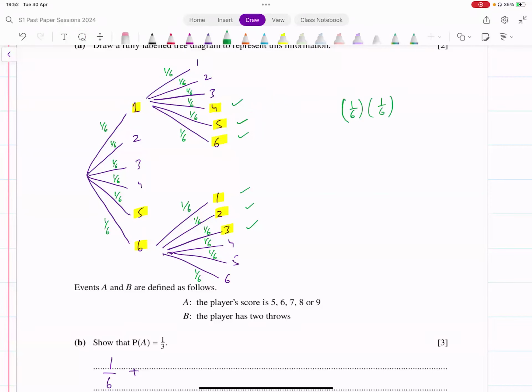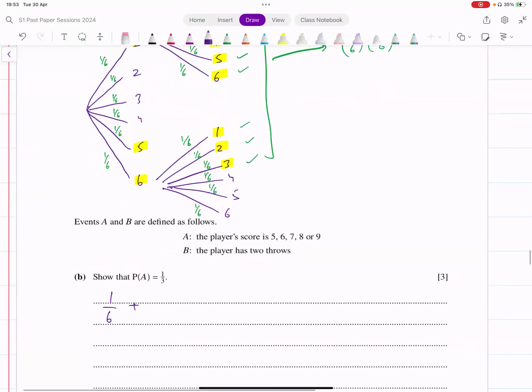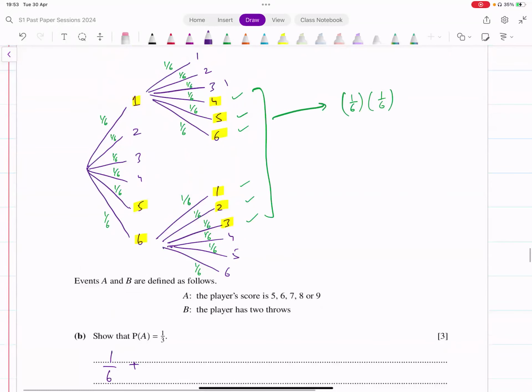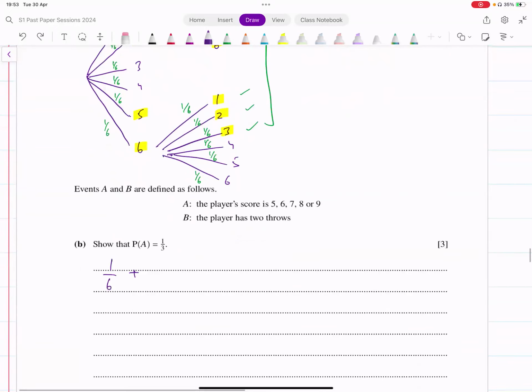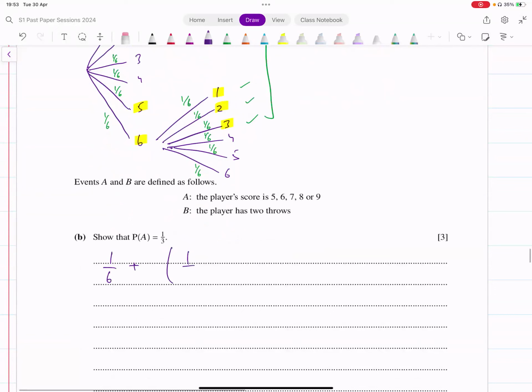All of them have this probability 1/6 into 1/6. So this is one case: when we get 5 from the first dice, then that is the score. That's 1/6 probability. Or we could get any one of these 6 cases. Probability of each of these 6 cases is 1/6 times 1/6.